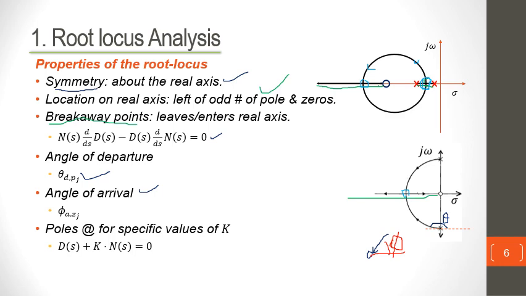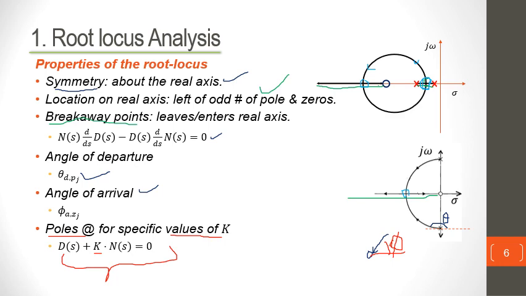Now sometimes you may need to calculate the value of the poles at specific values of k, and for that, you simply substitute your value of k into the characteristic equation, depending on how you write it. So if k is equal to 2, you simply write 2 and then solve this equation. That gives you the value of the poles at the specific value of k.